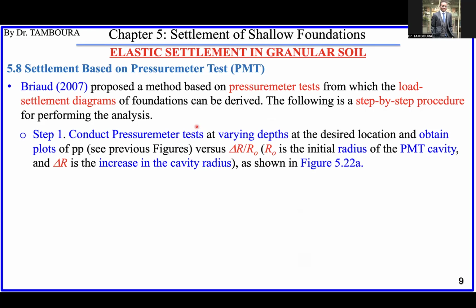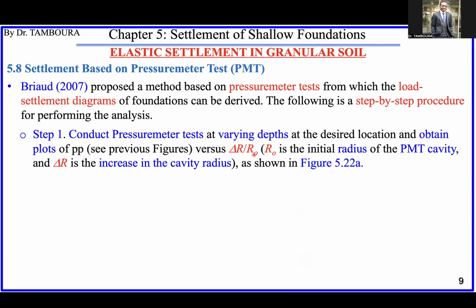So you conduct some pressuremeter tests, changing depths, and each time you obtain the pressuremeter pressure PP, and you just plot a curve.